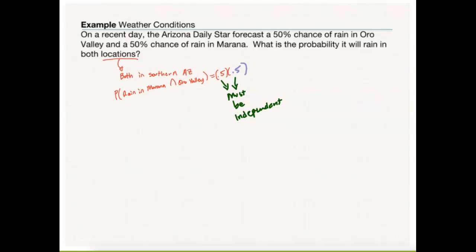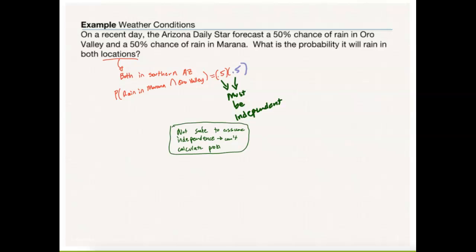And since these are both from southern Arizona, I would say that it's not safe to assume independence, and we can't calculate the probability. So this is a trick question.